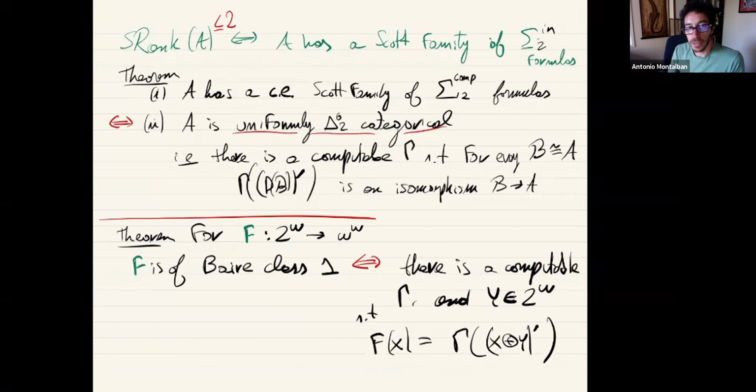So Baire class 1, like a limit of continuous functions, is the same thing as functions of this form: something computable applied to x plus y jump. That's how you get the connection between the theorem that we had before and this thing over here.